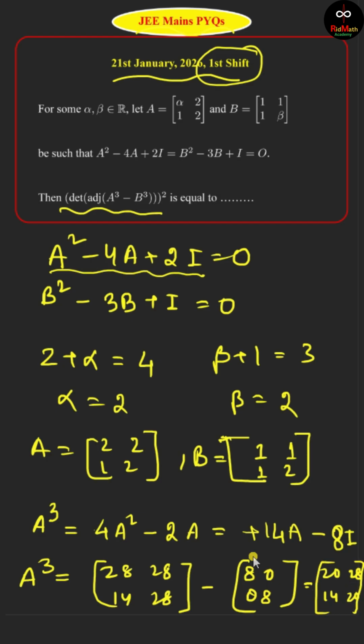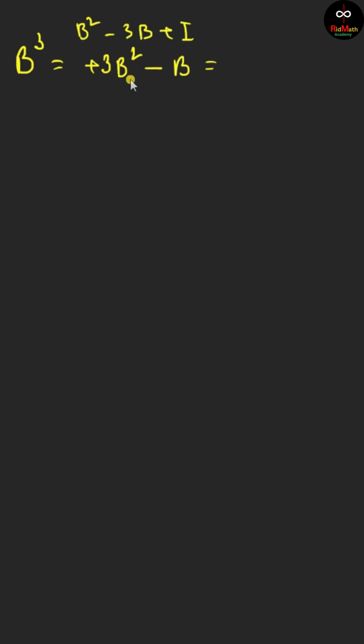Okay. Now to find B cube, again we will divide B cube by this expression, B square minus 3B plus I. So B cube, and we are dividing by B square minus 3B plus I. So B means B cube and this is minus 3B square, so this will be plus 3B square and this is minus B. Again dividing this expression by this, this is 3 into B square minus 9B and this is plus 3I.